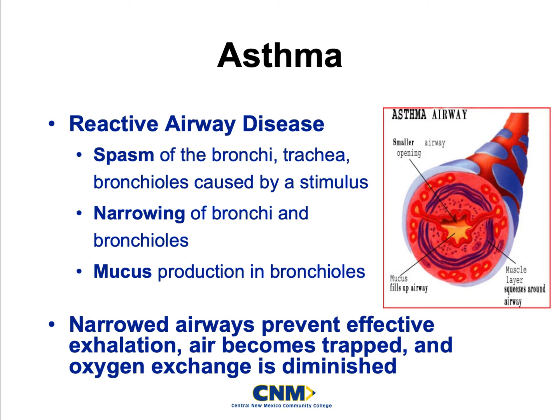Again, it could be dust, it could be cold air, it could be stress-induced, it could be some kind of allergen that we're allergic to, like juniper or grass or something like that, or pet dander, whatever it is, okay?